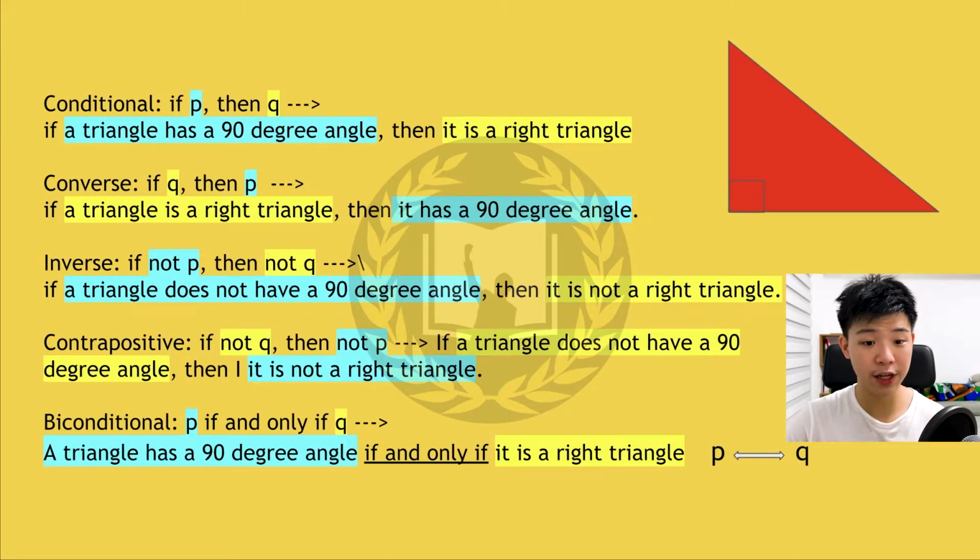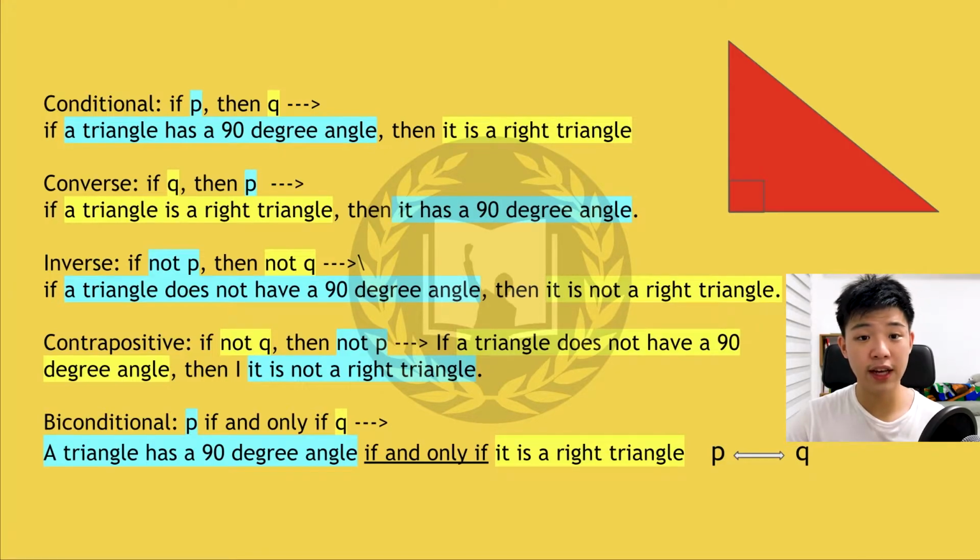Therefore, if a triangle is right, then it must have a right angle, which is literally in the name of right triangle. For the inverse, if a triangle does not have a 90-degree angle, it is not a right triangle. Is this true? Yes, because by definition, all right triangles must have a 90-degree angle.